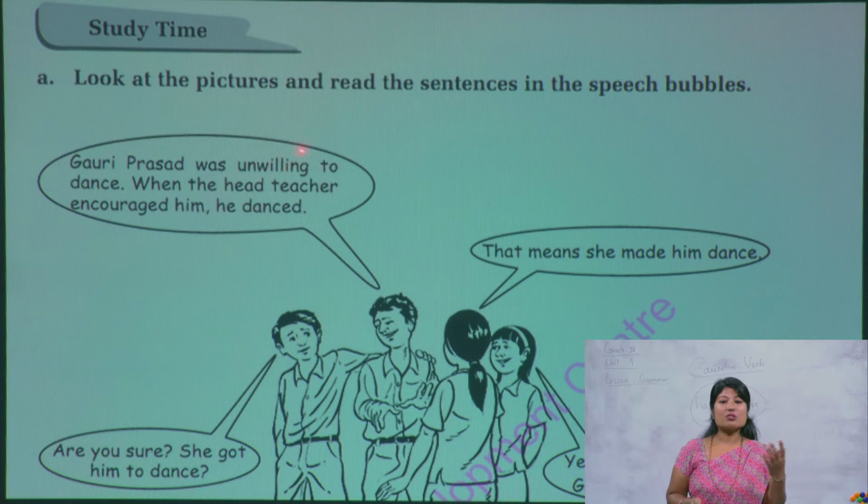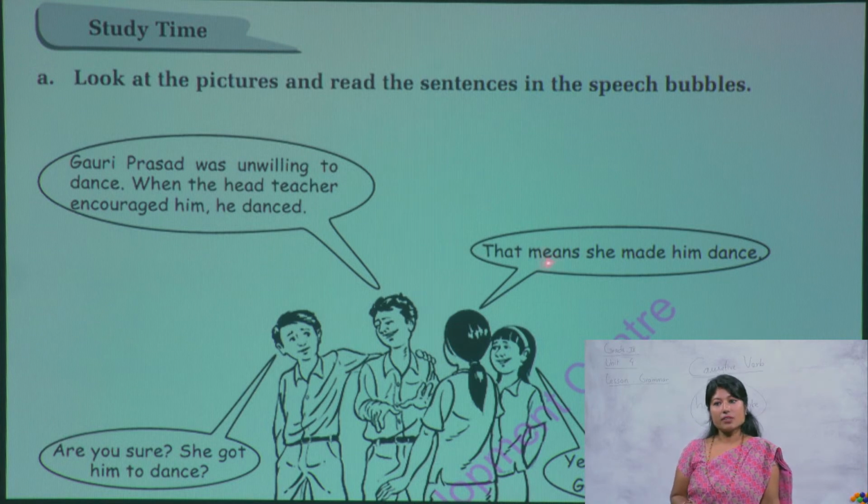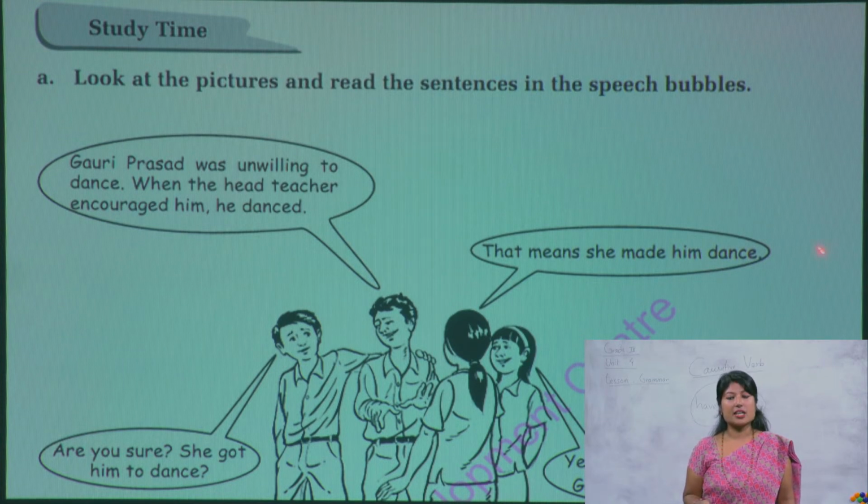He did not want to dance, but he danced because of some force. The force is cause. That means she made him dance. Who made him dance? The head teacher made him dance.